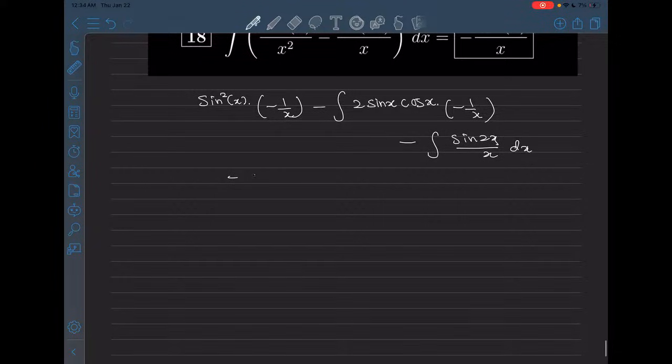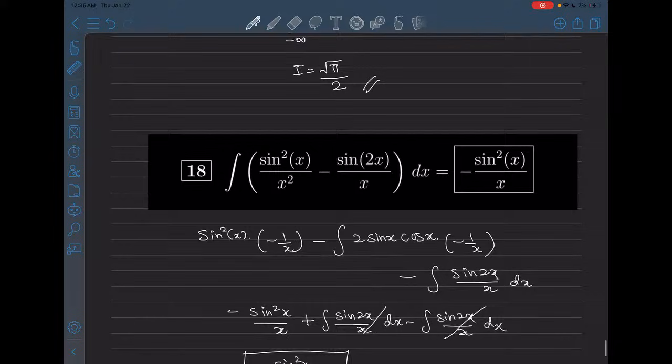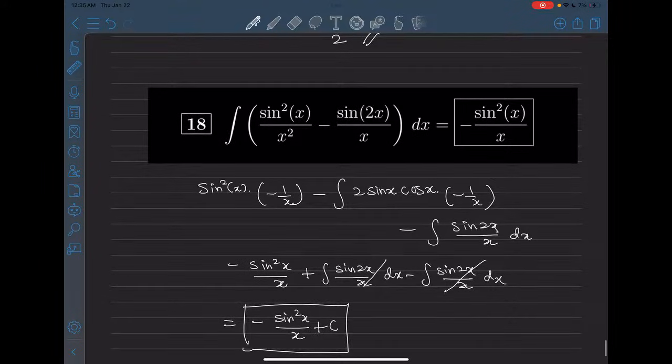So this is minus sine square x over x, and that is plus sine 2x over x dx, and that is minus sine 2x over x dx. And yeah, that nicely cancels out, and we get the answer minus sine square x over x plus c. Yes, that is the answer. Minus sine square x by x plus c.